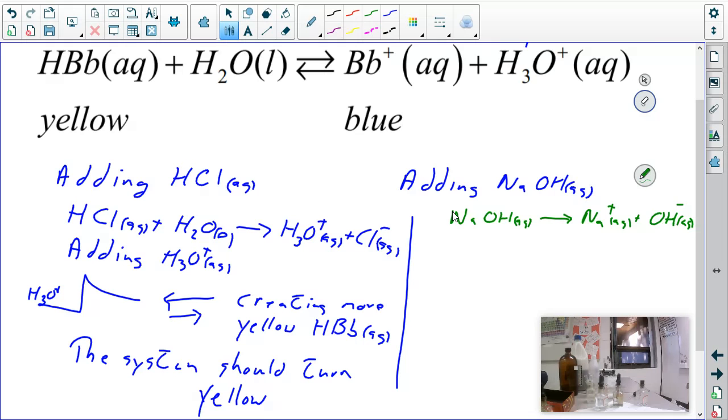Now, one of the things that we learned last year, I hope, I did talk about it: when you add hydroxide ions to hydronium ions, this reaction is one of the few acid-base reactions that we know is 100%.